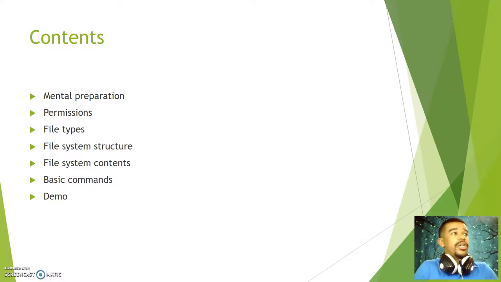Then we're going to look at the file system structure, get a nice overview of it, see some visuals, and then we're going to review the file system contents and see what each of the subdirectories is actually for.